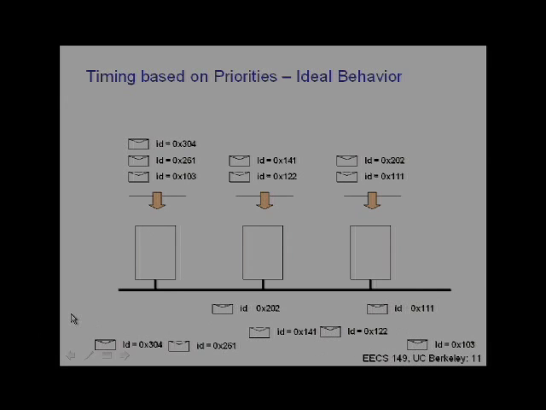This is what we want, but there can be priority inversions that can happen, and we'll see an example of how that can happen. But typically, priority inversions occur because of practical implementation details, like the fact that buffers can only be finite sized. And so what happens if you drop messages or things like that?